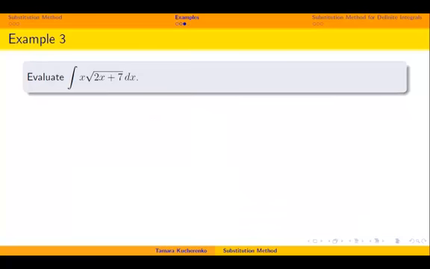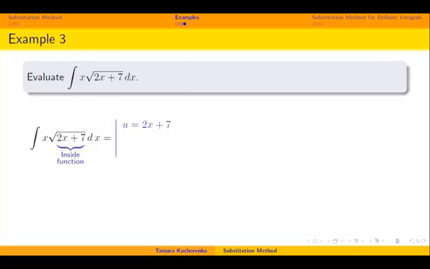The third example is to evaluate the integral of x times the square root of 2x plus 7 dx. We recognize that the square root of 2x plus 7 is a composite function, so the inside function 2x plus 7 is the usual candidate for substitution.